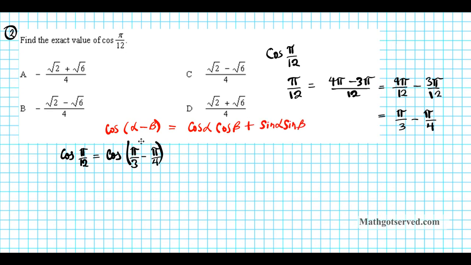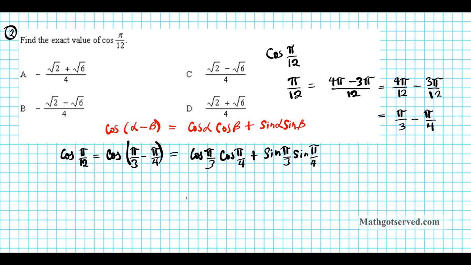So for the cosine difference identities, the trig pairs are the same, cosine and sine, and the sign is opposite. All right, so if I apply that here, I'm going to have cosine pi over 3 cosine pi over 4 plus sine pi over 3 sine pi over 4.